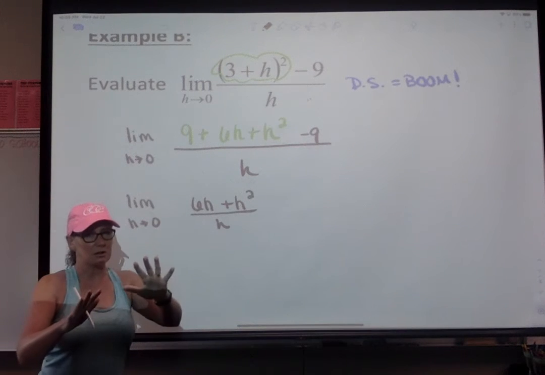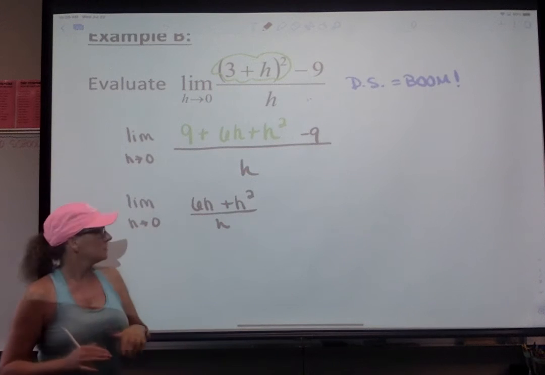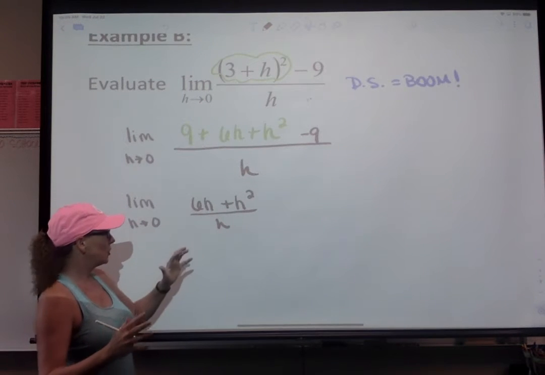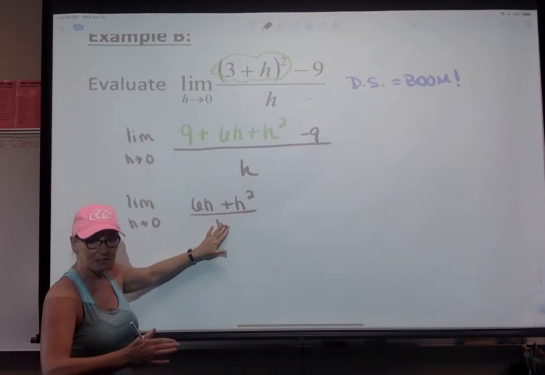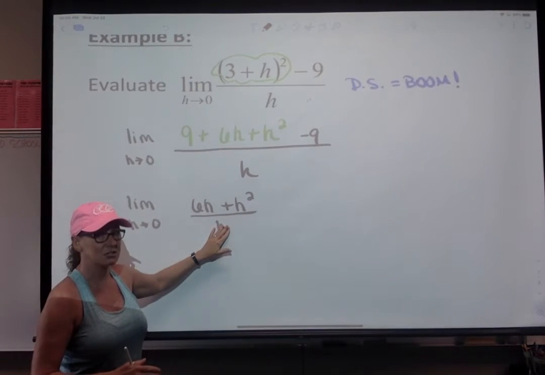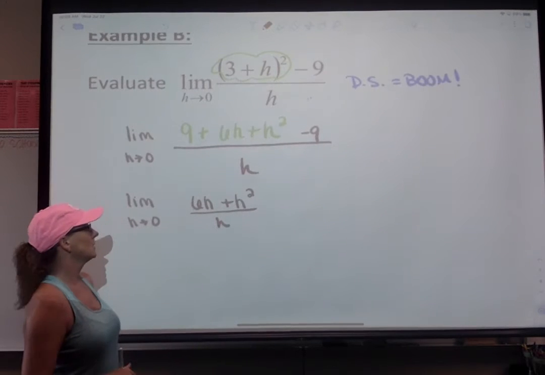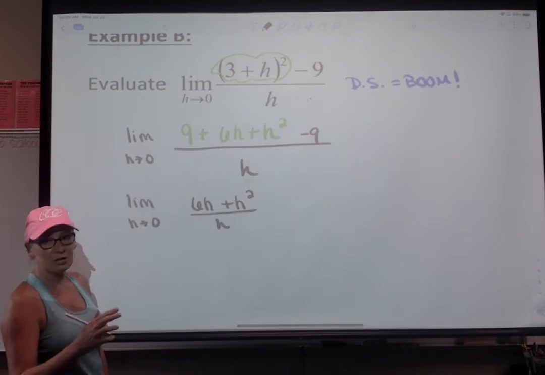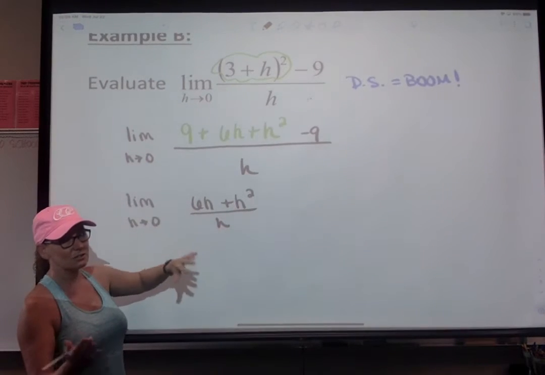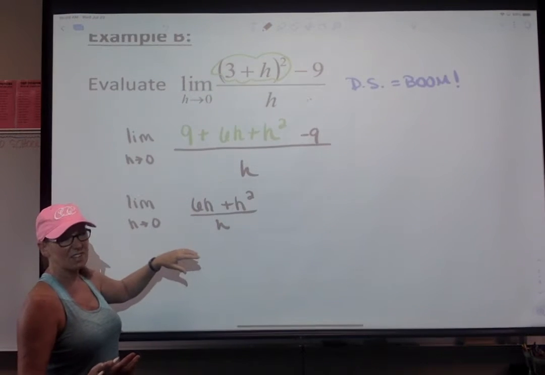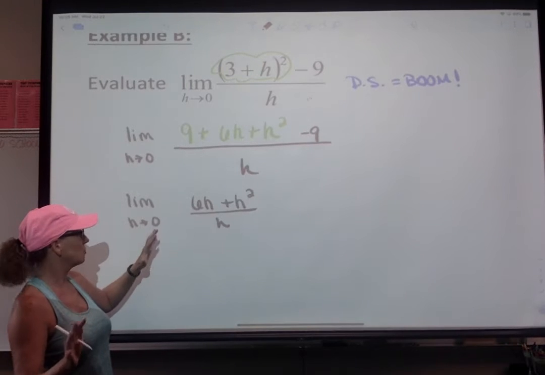I think for you all, I would not do this in pre-cal, but I think for you all, I can go ahead and say, you know what? This term has an h, this term has an h, this term has an h. Go ahead and take out an h, like cancel out an h. In pre-cal, I would probably make them factor the h out and then cancel, but y'all are algebra experts, so I think we're good here.